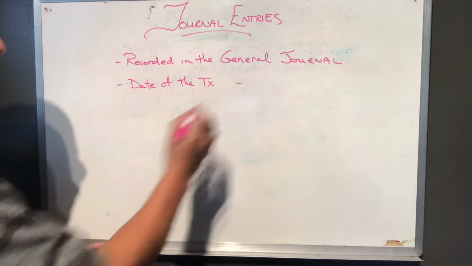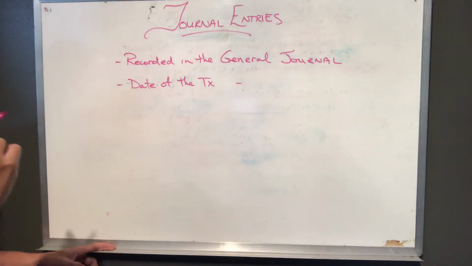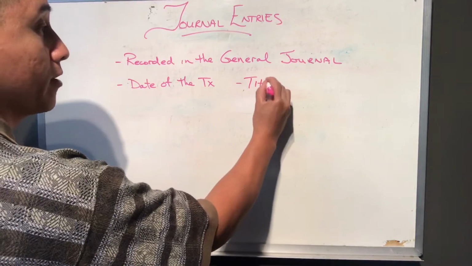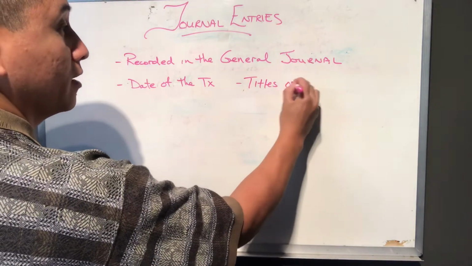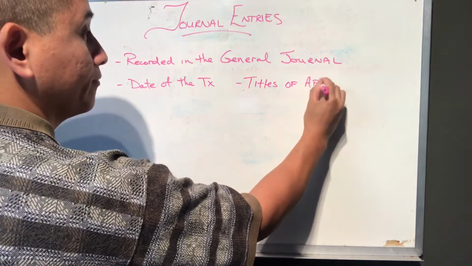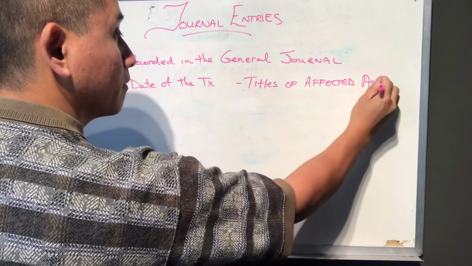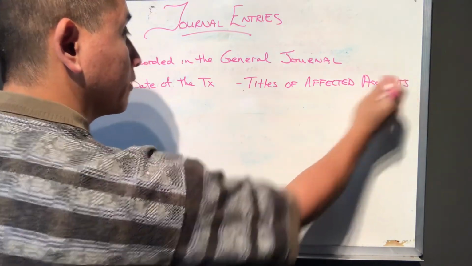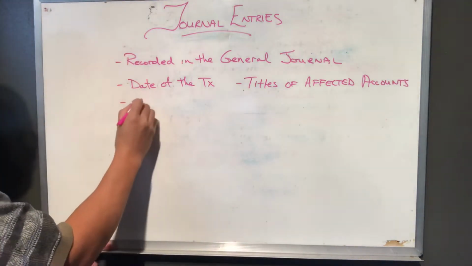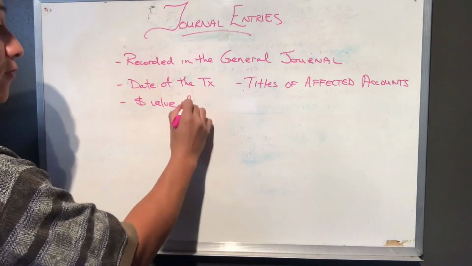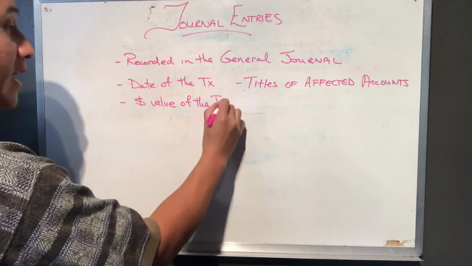They'll also list the different types of accounts that are affected, so the titles of affected accounts. They will also have the dollar value of the transaction.